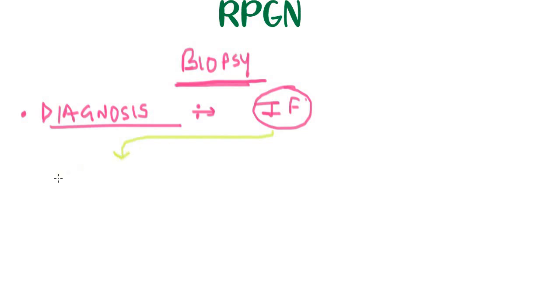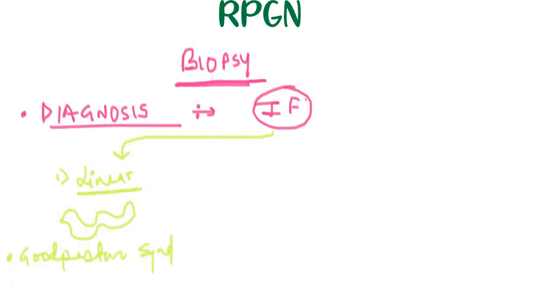The first scenario is linear immunofluorescence. If it is linear, then the cause of RPGN is Goodpasture's syndrome.